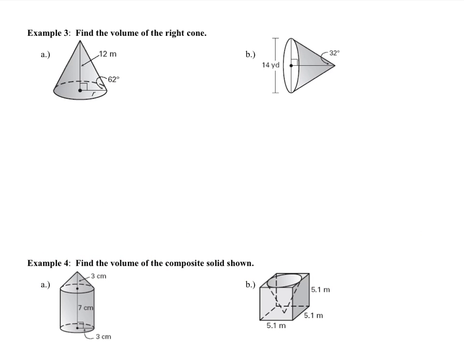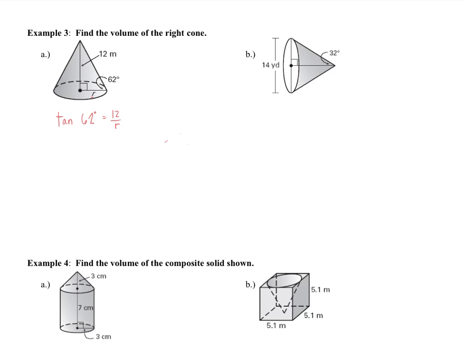Example 3. Find the volume of the right cone. Now, we don't know the radius, but we know the height. So we can use trigonometry again to find the radius. So let's use tan 62 degrees equals opposite over adjacent, so that's 12 over r.